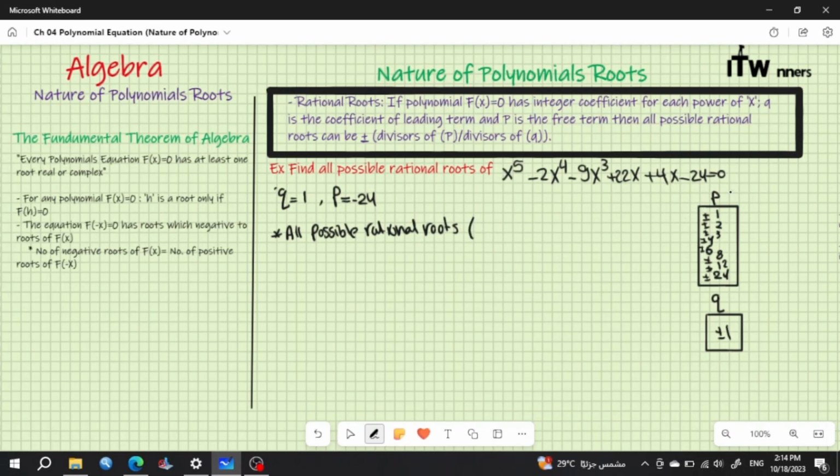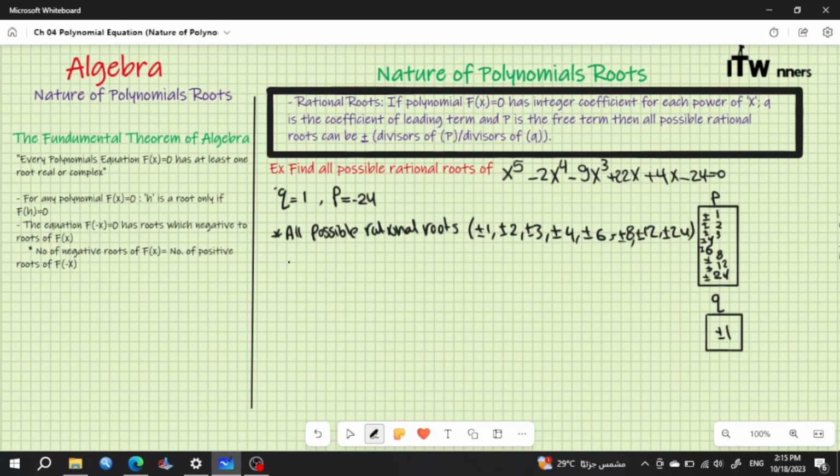If we divide b by q for each divisor, we obtain plus or minus 1, plus or minus 2, plus or minus 3, plus or minus 4, plus or minus 6, plus or minus 8, plus or minus 12, plus or minus 24.